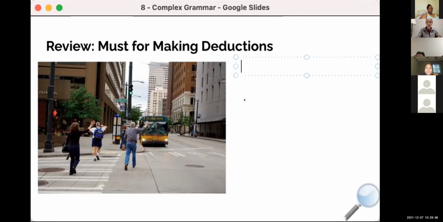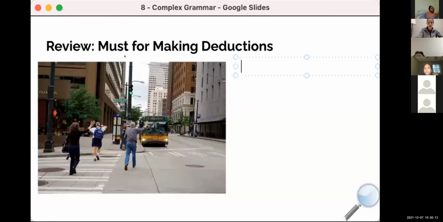Okay, so making a deduction means looking at the available information and finding an idea from that. We do use must for other situations. We're going to talk about necessity later today. But must for making a deduction means we look at what's available and we come up with an idea based on that information.